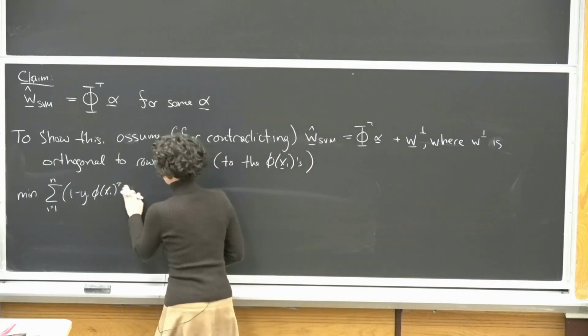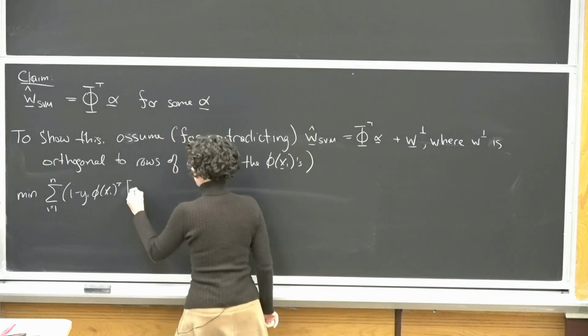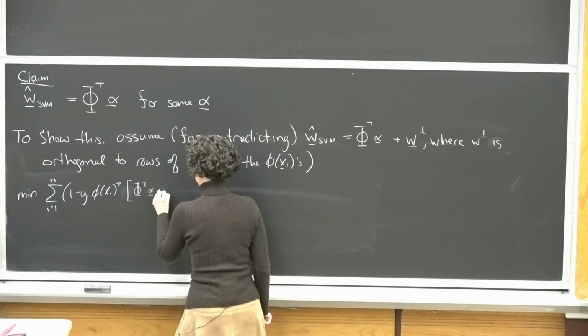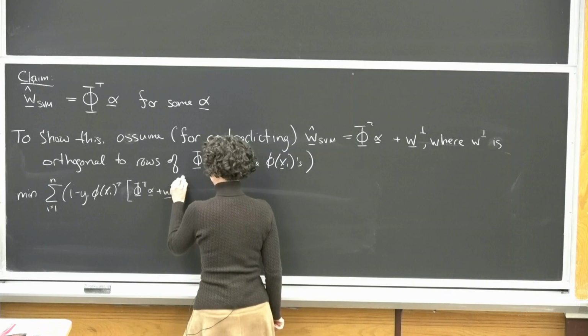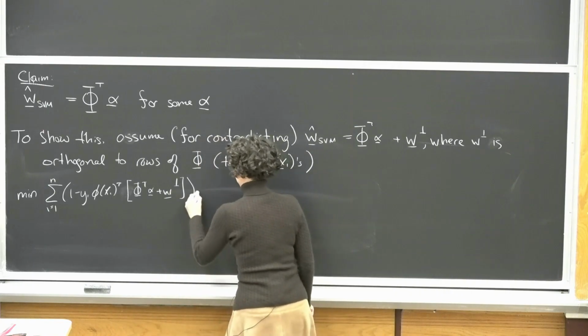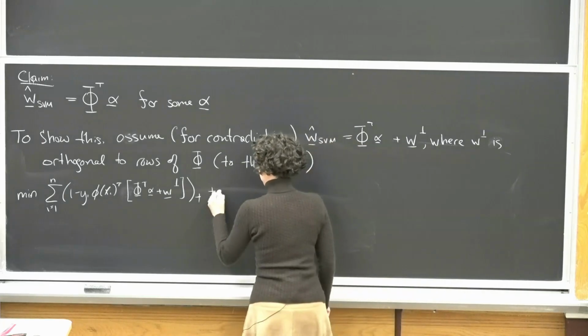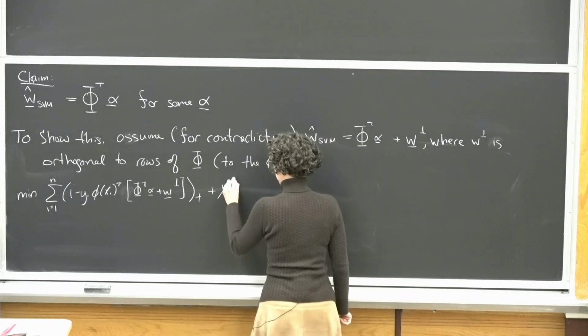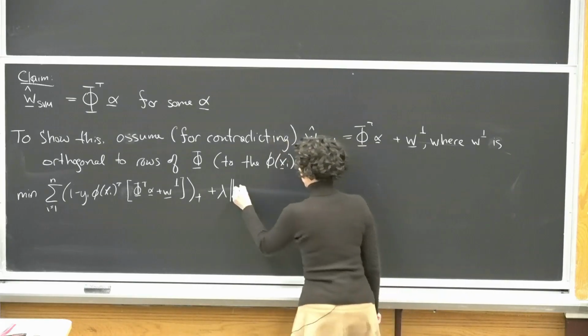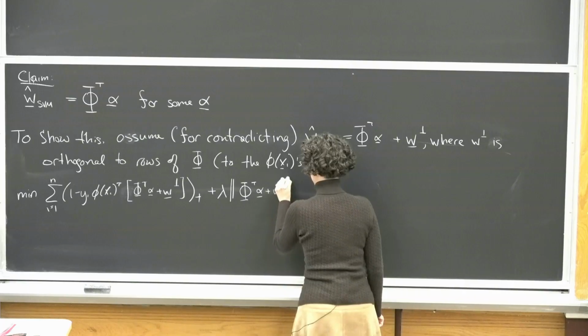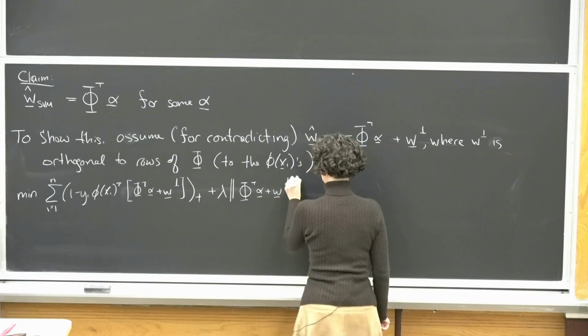So instead of having W here, I'm going to have capital phi transpose alpha plus W perp. And then I have this little plus indicator for my hinge loss, then plus lambda, and now we've got the 2 norm of phi transpose alpha plus W perp, squared.